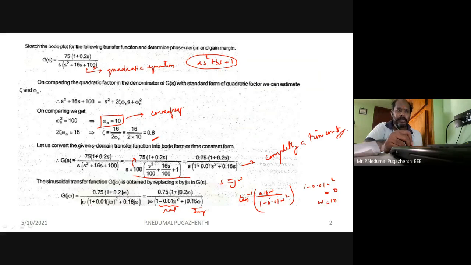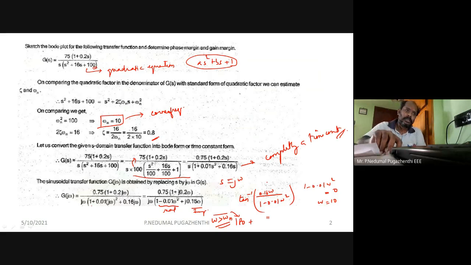If you go beyond this ω, the angle becomes an obtuse angle because it is more than 90 degrees, and for that a correction of 180 has to be added. So 180 plus this angular term has to be added in this phase equation where we take ω greater than ωn.